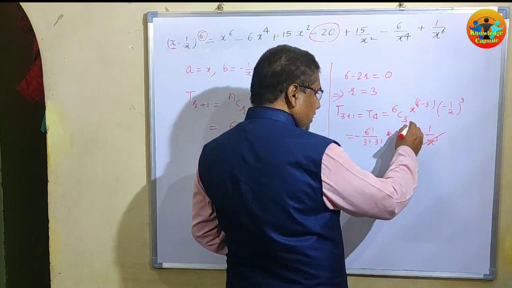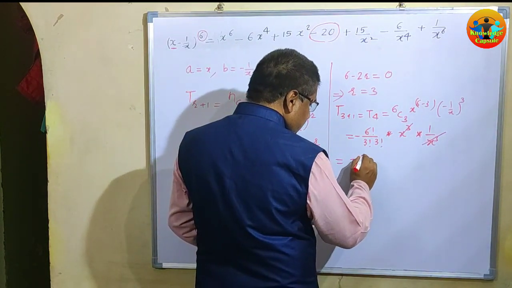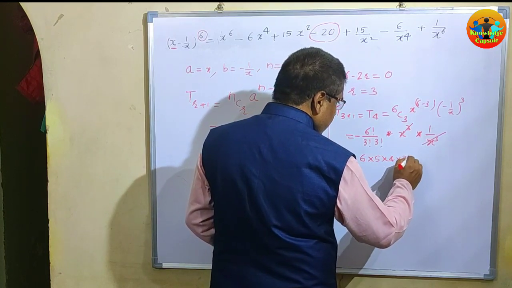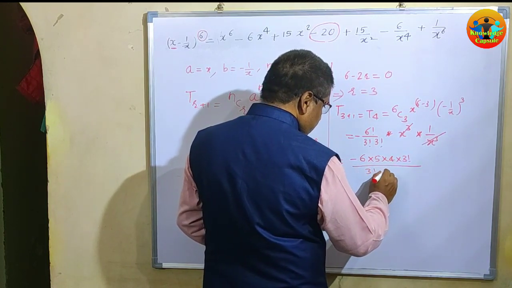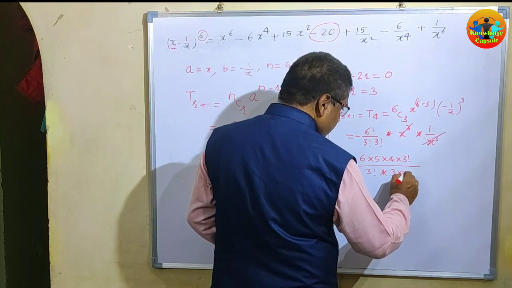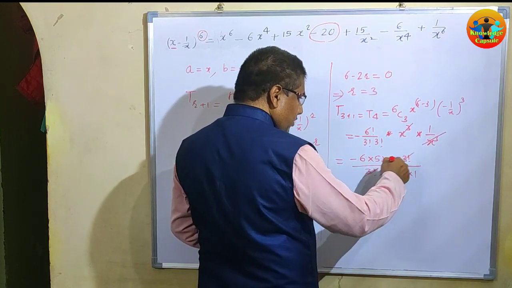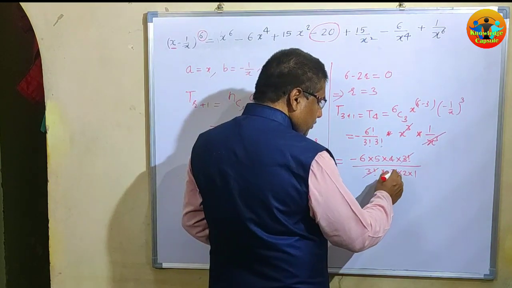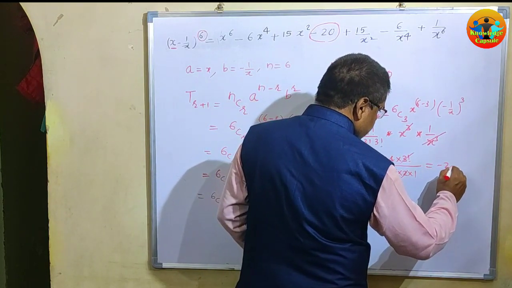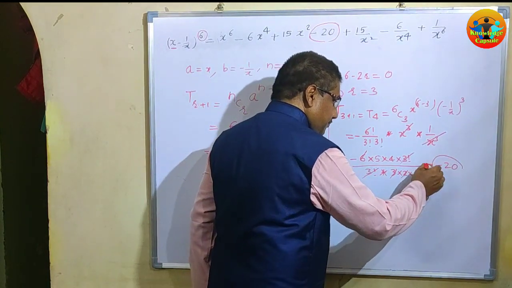This x raised to 3 will cancel, and factorial 6 can be written as 6 into 5 into 4 into factorial 3 upon factorial 3, and this 3 factorial can be written as 3 into 2 into 1. This 3 factorial from numerator and denominator will get cancelled. 3 2s are 6, 5 4s are 20. This is the minus 20. This is the term independent of x.